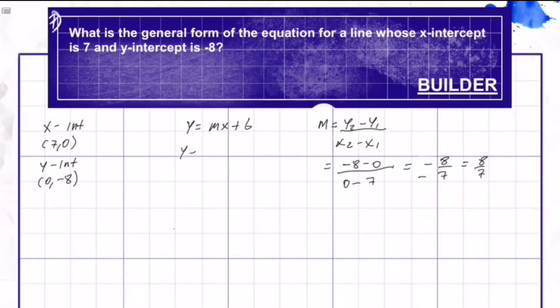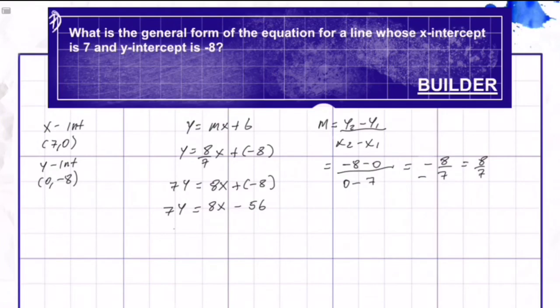So substituting in the equation, y equals 8 divided by 7, x plus the y-intercept minus 8. So we have 7y equals 8x plus minus 8. 7y equals 8x minus 56.